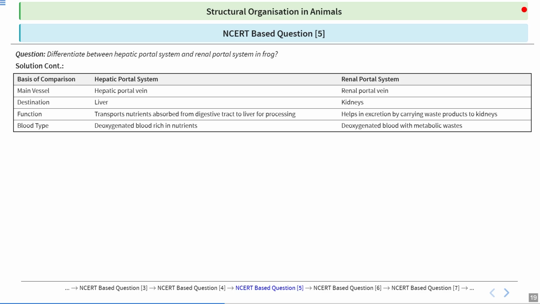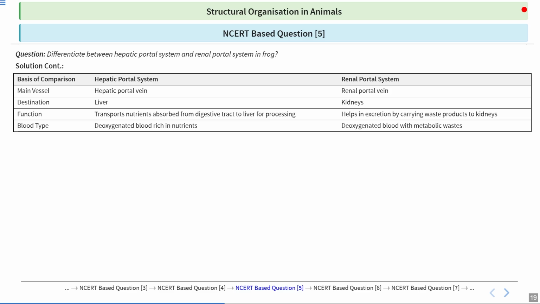So whatever nutrients have been absorbed from the digestive tract after the process of digestion, that is taken to the liver, right? What about the renal portal system? There are many nitrogenous waste substances that have been formed in the lower parts of the body. So that should be removed before it goes to the heart and lung for purification.